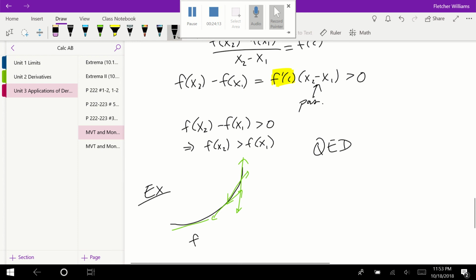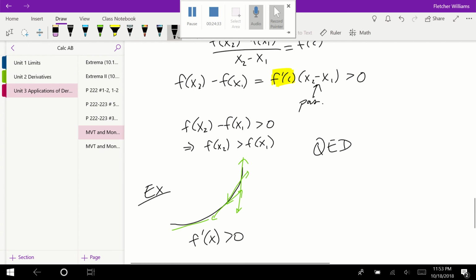And since the slopes are just getting steeper and steeper, yeah. So we have that for this one, f prime of x is always greater than 0 for that upward tending function.